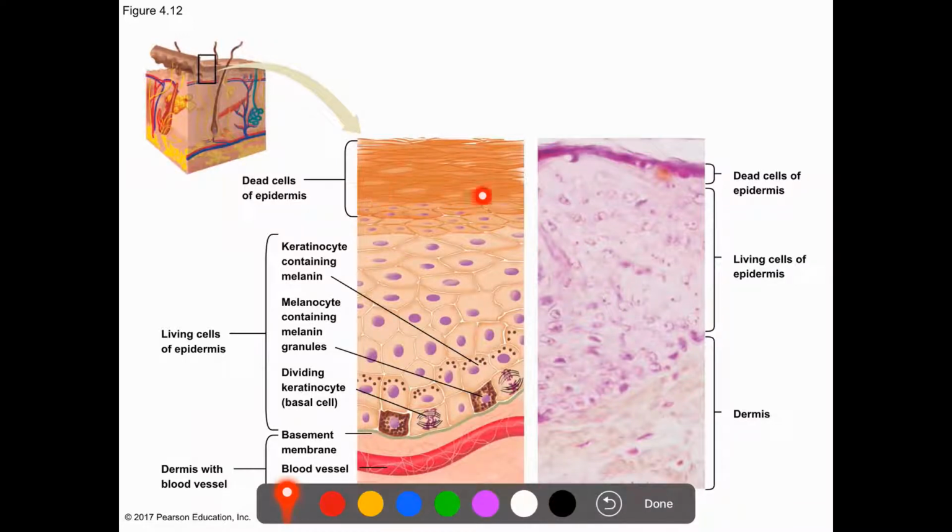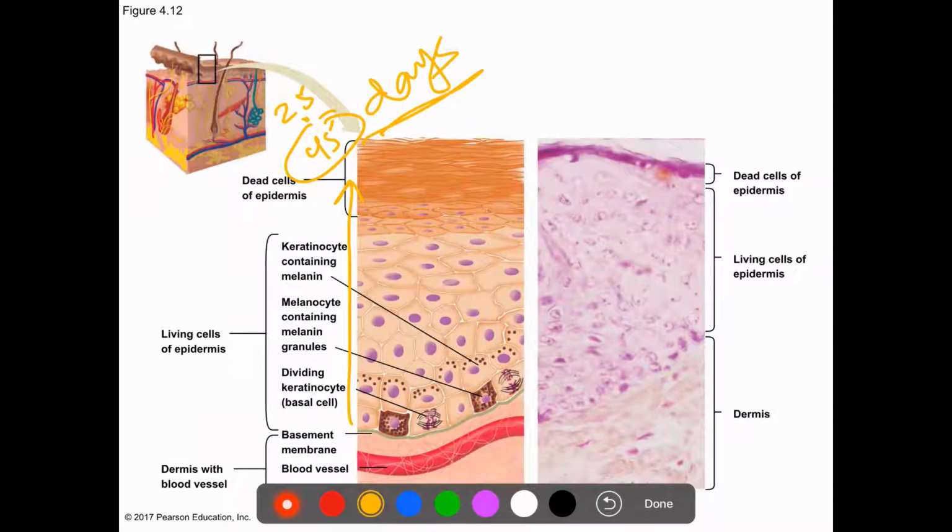Technically, it's dead skin, dead cells. The journey from here to here takes around 25 to 45 days. So technically we are changing our skin every month and a half, around 6 weeks.